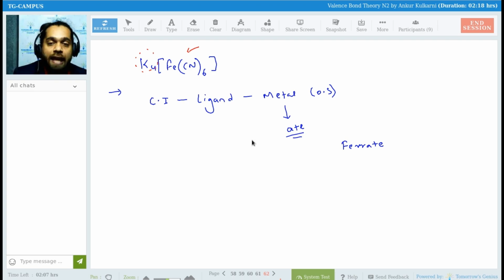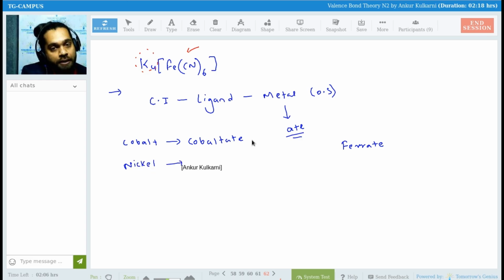Similarly, I have some other metals, so write down the names for that. If you have cobalt, I will write it as cobaltate. Nickel will become nickelate.